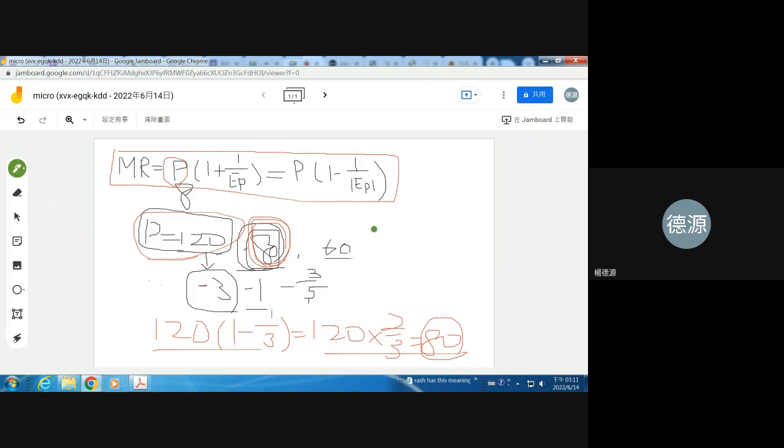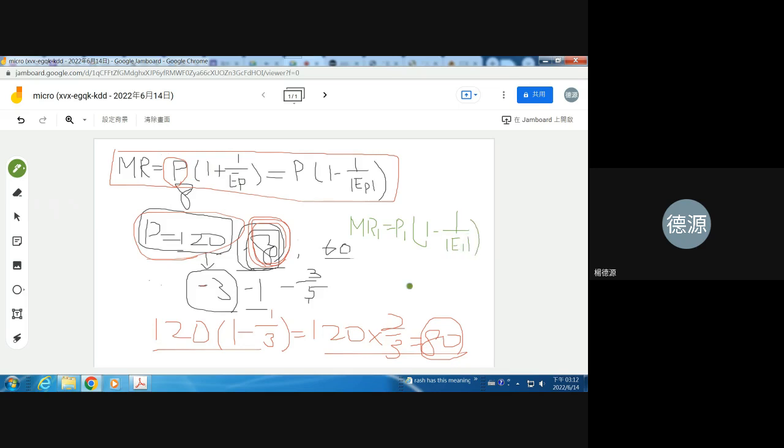I say, in the third degree of price discrimination, what you're going to have is MR1 is equal to P1 times 1 minus 1 over the elasticity of the first market.